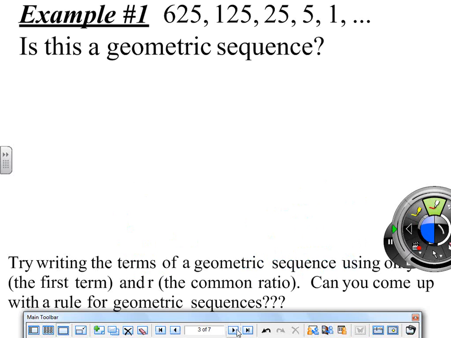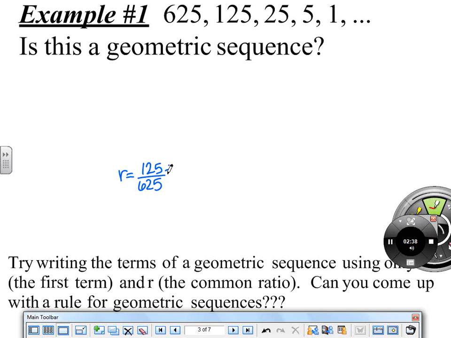So when we look at this example here and they ask us, is this a geometric sequence? To confirm that it is, or maybe that it isn't, what we could do is take a term. It needs to have a common ratio if it's geometric. So remember we said you calculate the ratio by taking a term and dividing it by the term before that. Okay?